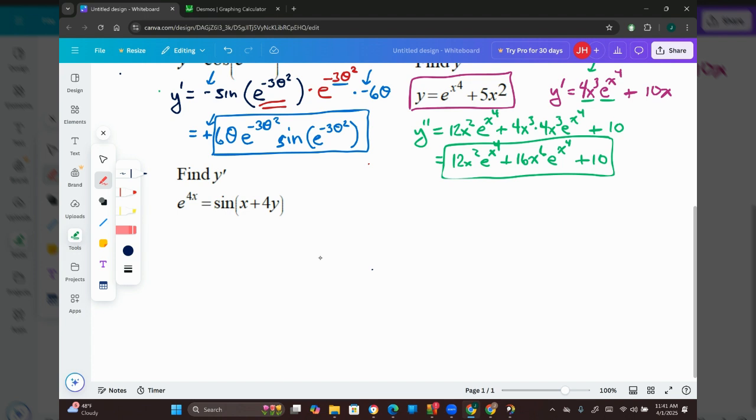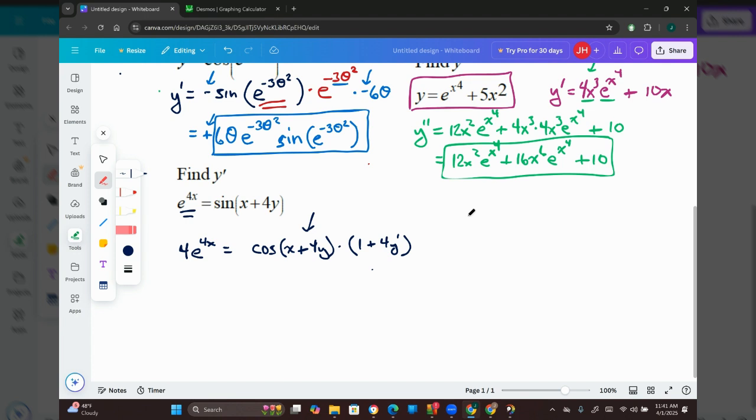Well, the derivative of an exponential is: rewrite the exponential, multiply by the derivative of the exponent. That was easy. The other side, what's the derivative of sine? The derivative of sine is cosine of x plus 4y, but then I have to multiply by the derivative of the inside function, which is 1 plus 4y prime.